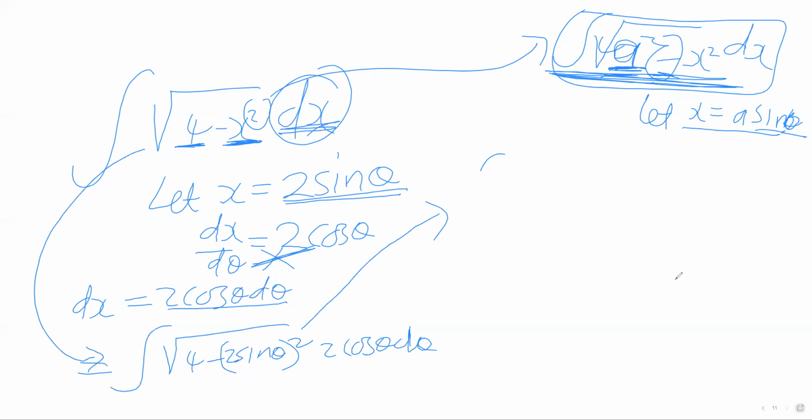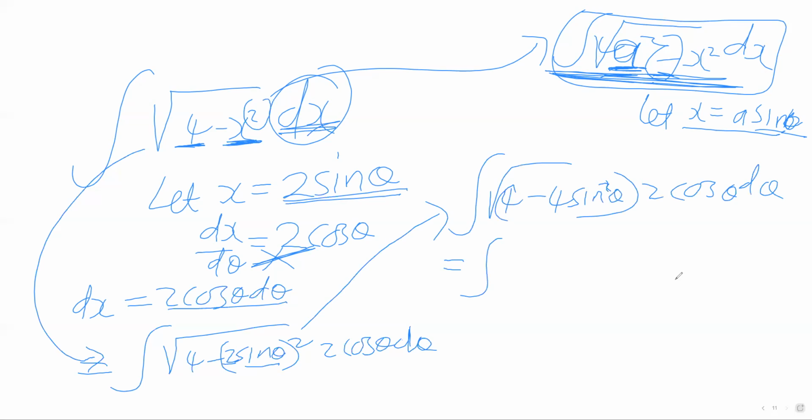So I have the integral. This is 4 minus 2 squared, which is 4, sine squared. Then I have 2 cos theta d theta. Now look, 4 is common on both, right? So I can write it like that.